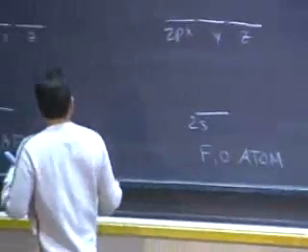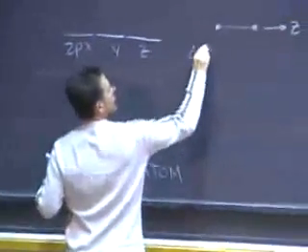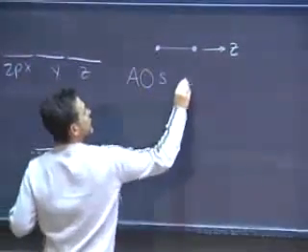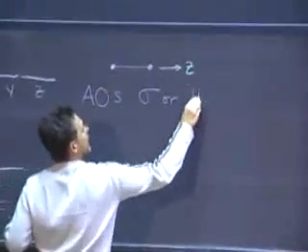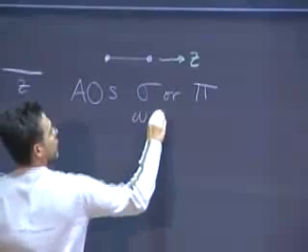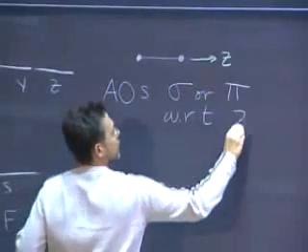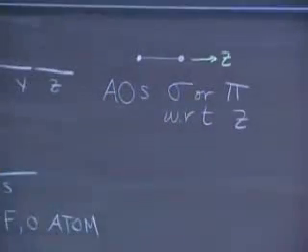Okay? So I'll say AOs sigma or pi with respect to z, which is the molecular axis.